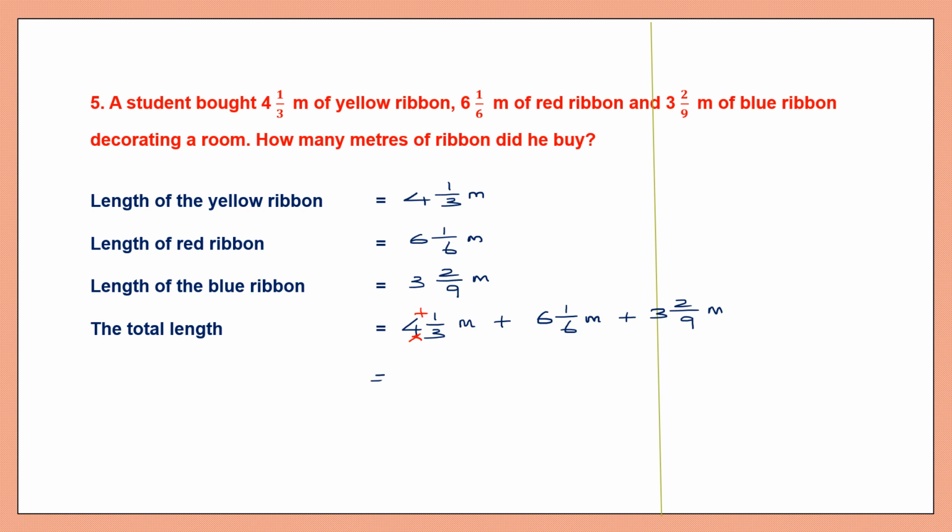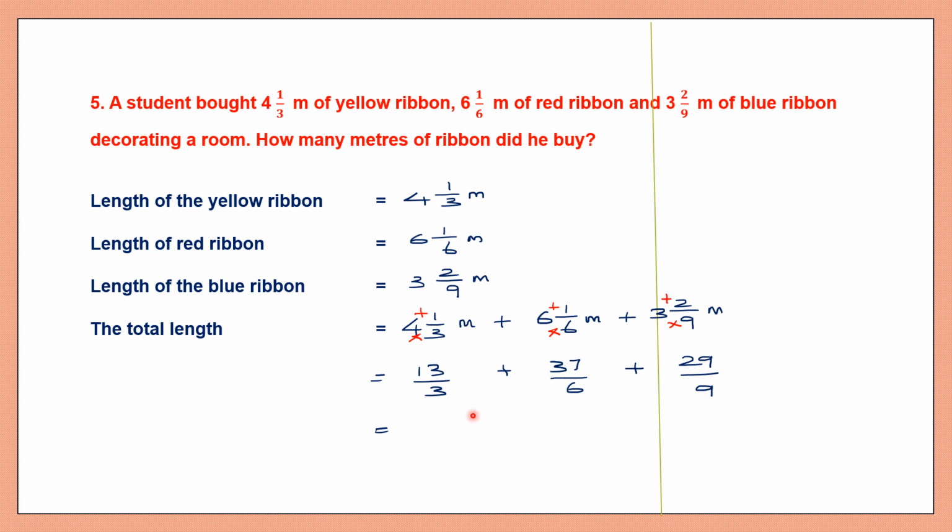So this will be 13 by 3 plus, let's convert the next one. 6 sixes are 36 plus 1 is 37. So that is 37 by 6 plus, let's go to the next one. 9 threes are 27 plus 2 is 29. So that is 29 by 9. So now to add these up, as you can see, the denominators are different.